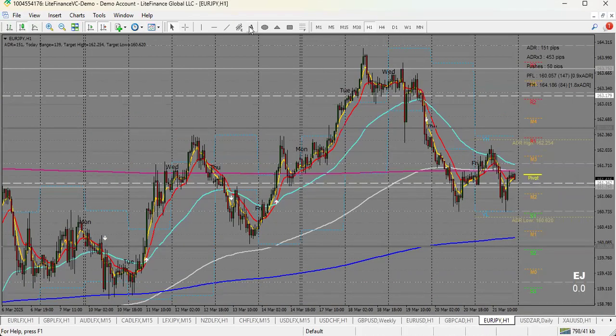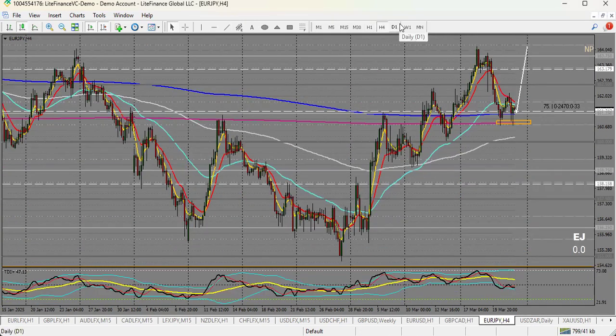I'm expecting price to form a peak reset here and go up. That is what I'm expecting on EURJPY, yeah? So it's a buy for EURJPY.